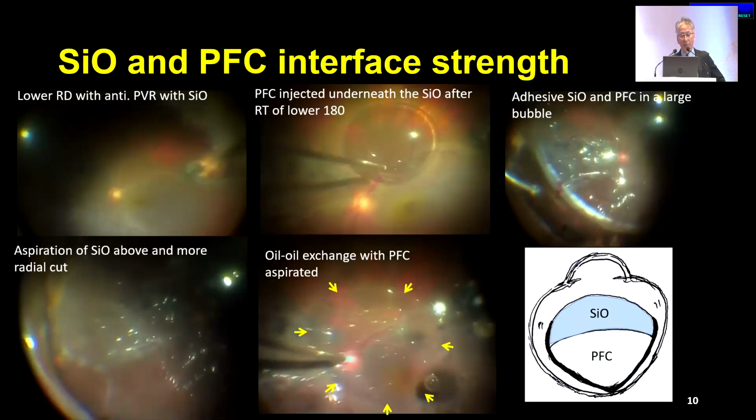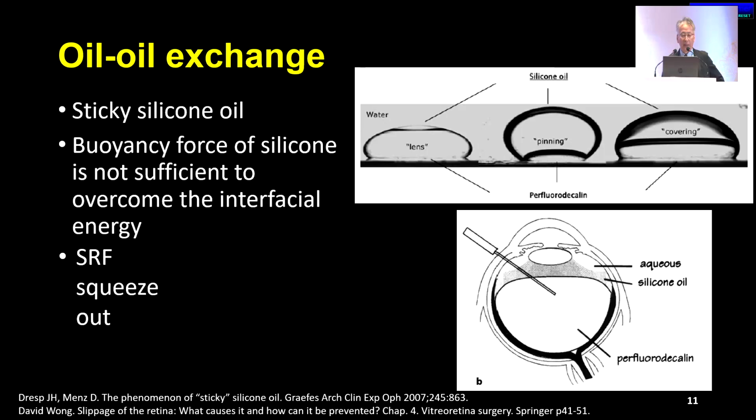So what happened? What is the mechanism for this? This is called sticky silicone oil syndrome. When you have perfluorocarbon at the base and also silicone oil, if the silicone oil has very good contact with a large amount of perfluorocarbon, it will look like this, a big bubble. The buoyancy of the silicone oil is not sufficient to overcome the interfacial energy.